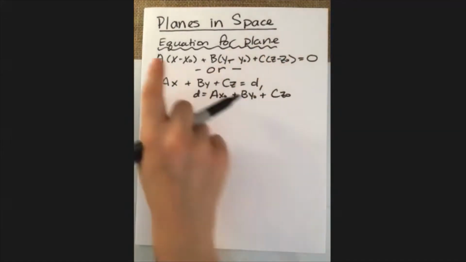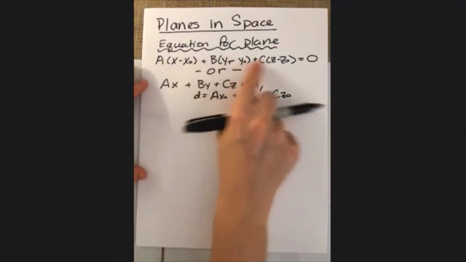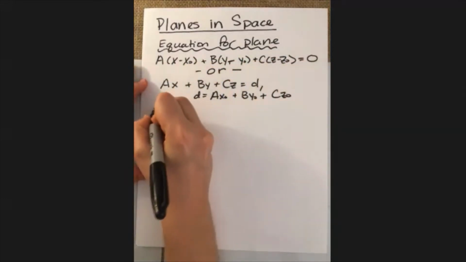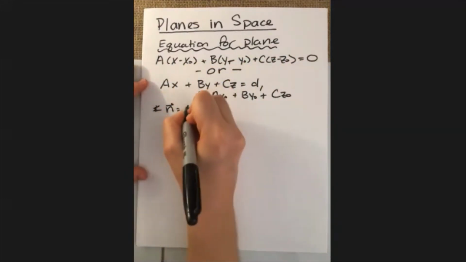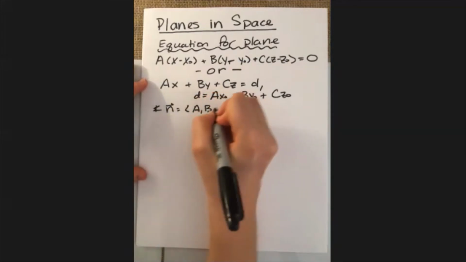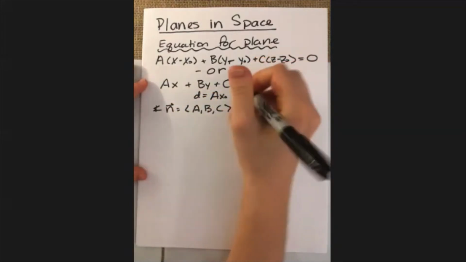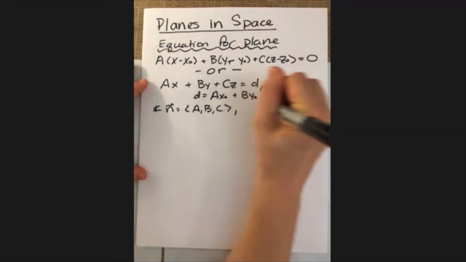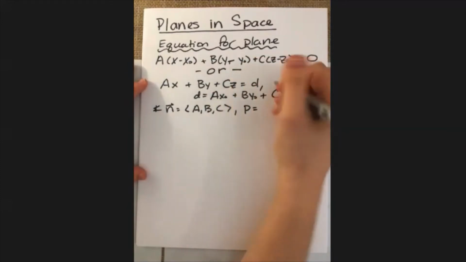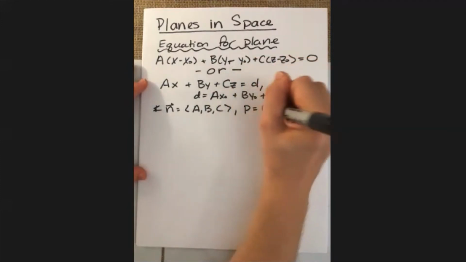And this a, b, and c, and then the x naught, y naught, and z naught come from the normal vector. That's what gives us a, b, and c. And then x naught, y naught, and z naught come from a known point P on our plane.